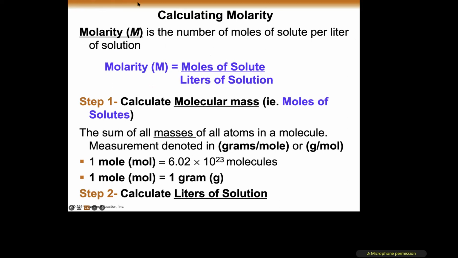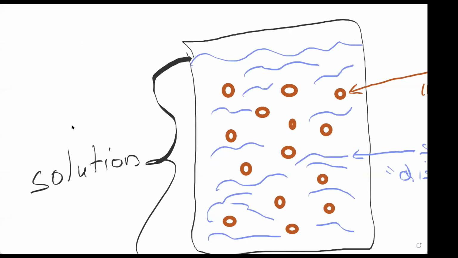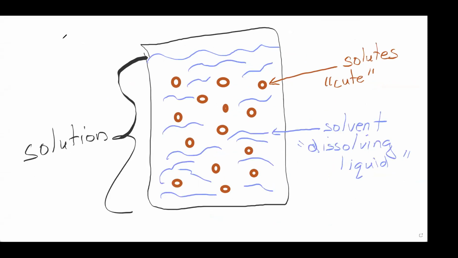Before I go into all of this, I want to make sure that you have taken a screenshot of this right here, because when we're talking about molarity, we're going to be talking about the solvent, the solutes, and the mass of those solutes and the solvent in milliliters. So let's go ahead and write that down right now.